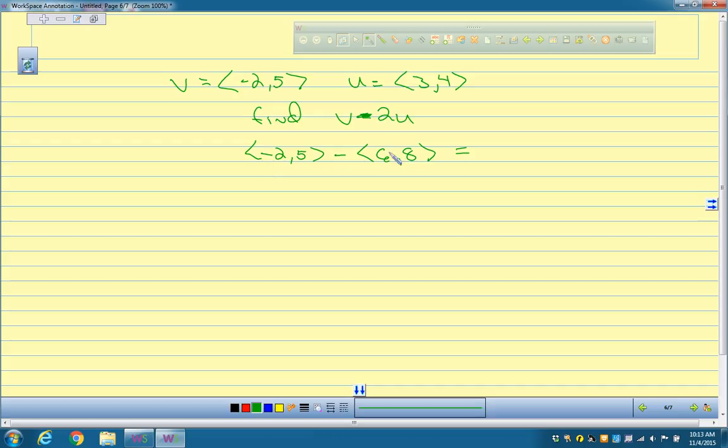Which is negative 2 minus 6, which makes negative 8, comma, 5 minus 8 makes negative 3, okay?